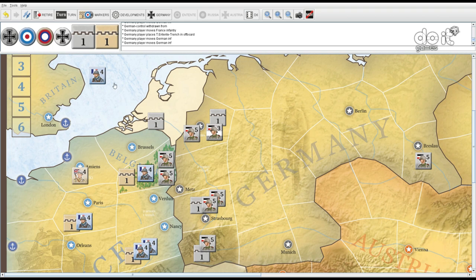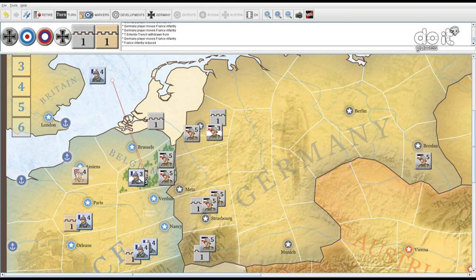Normally it would be eliminated, but instead of this, the trench can absorb 1 hit, and the second hit must be absorbed by the army. But see, in that case, the army still stays in the area.